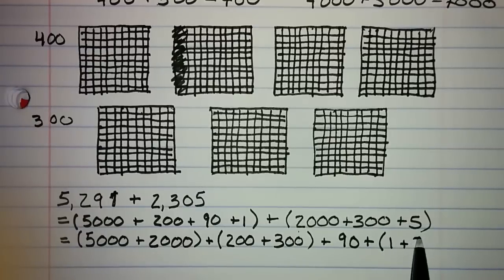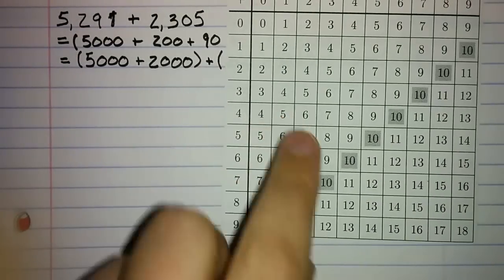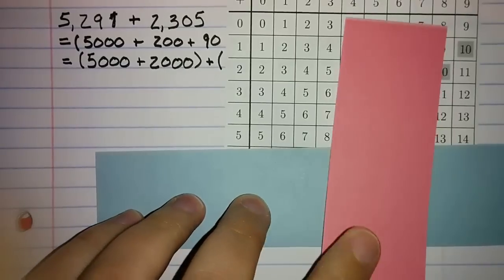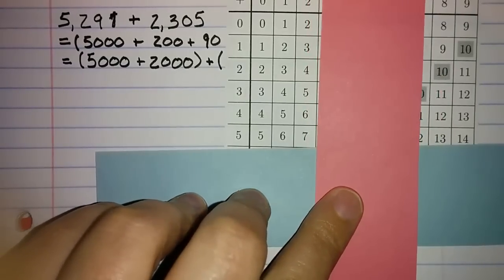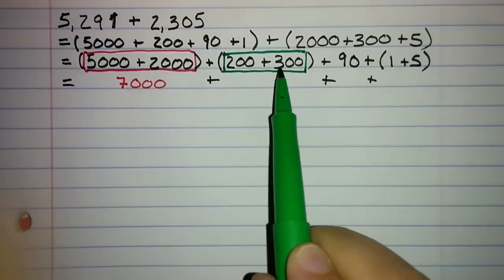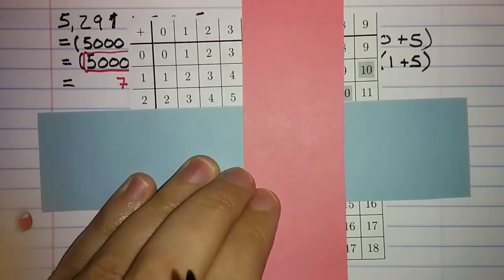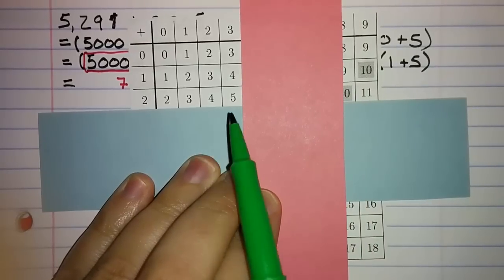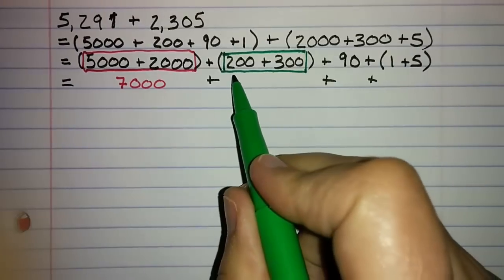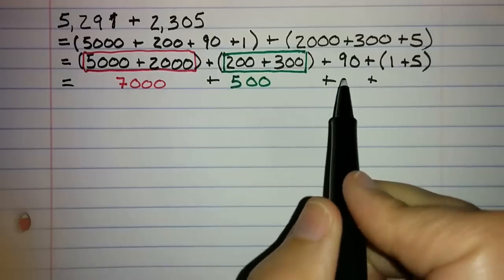1 unit plus 5 units. But now I know how to do these, right? According to my addition table, 5 plus 2 is 7. So this is 7,000. 200 plus 300. Well, 2 plus 3 is 5. So this is 500. 90 just stays 90.